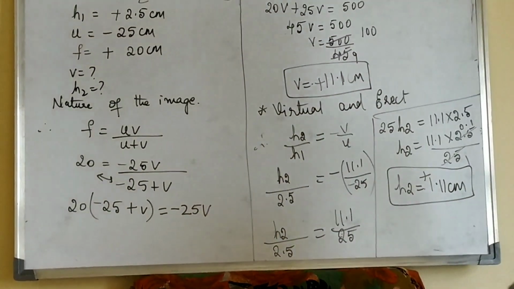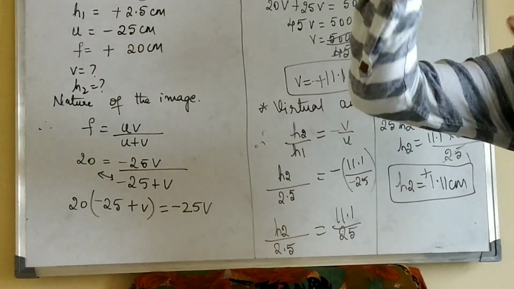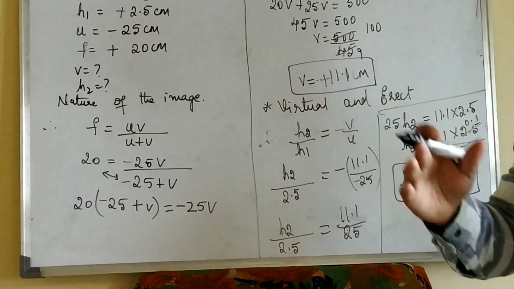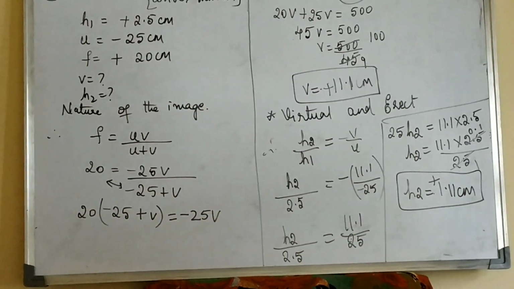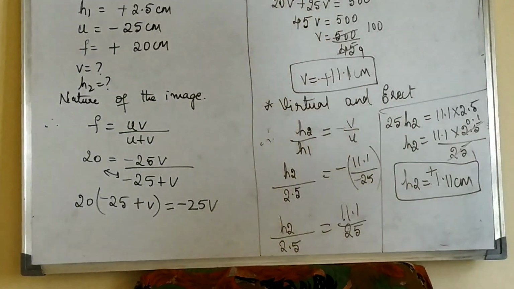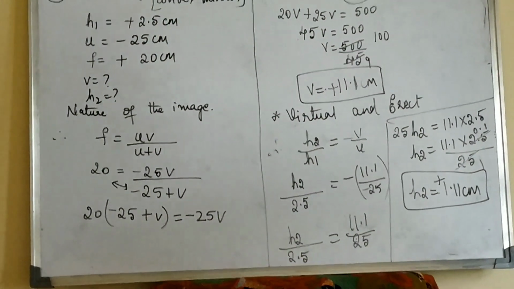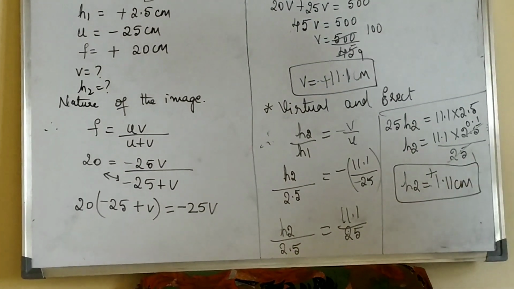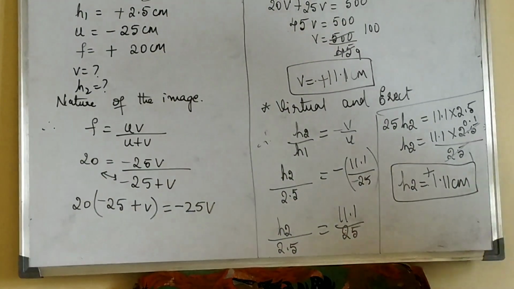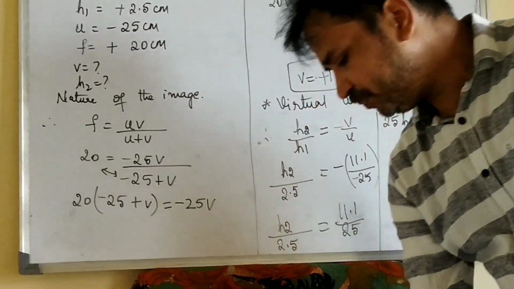Why? Because the image is formed far behind the mirror, a virtual image. Here, sorry, the size of the image is plus 1.11 centimeter, means a reduced image. Okay.